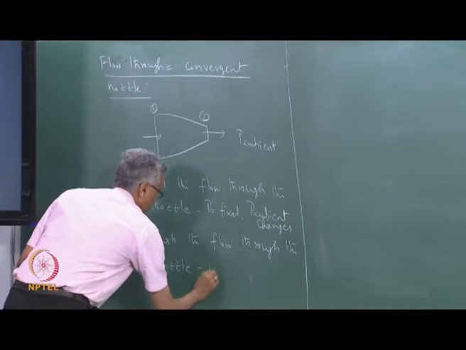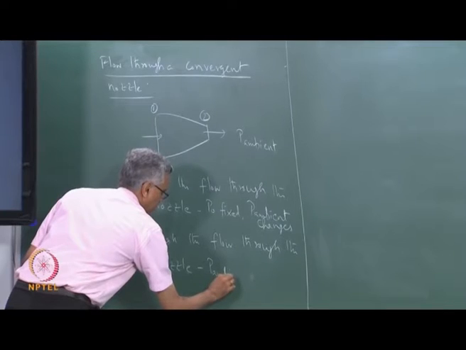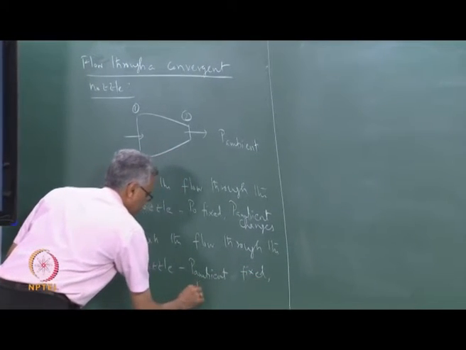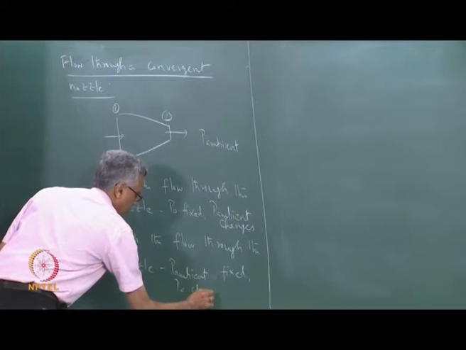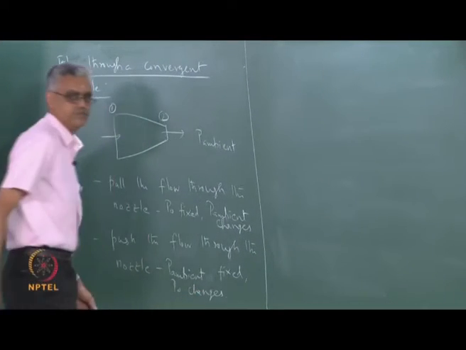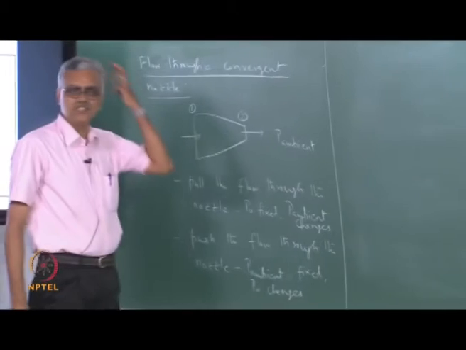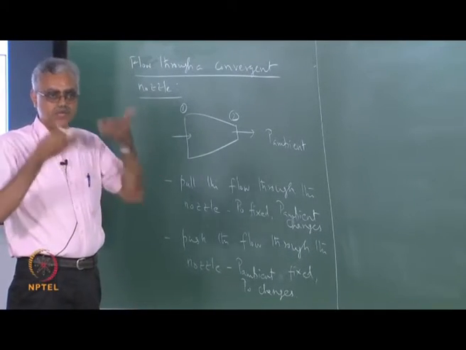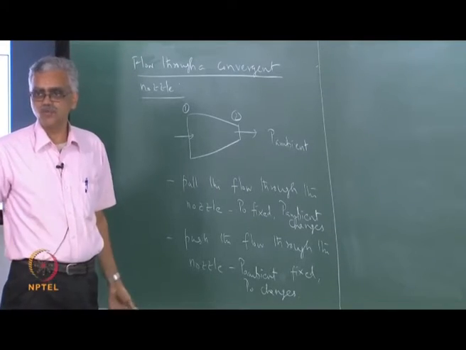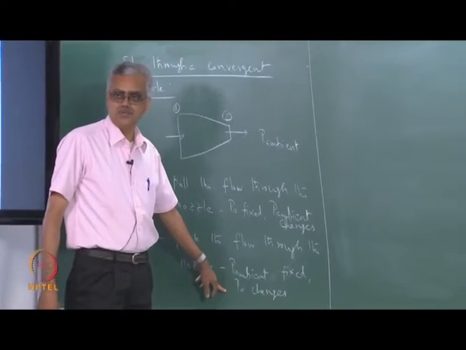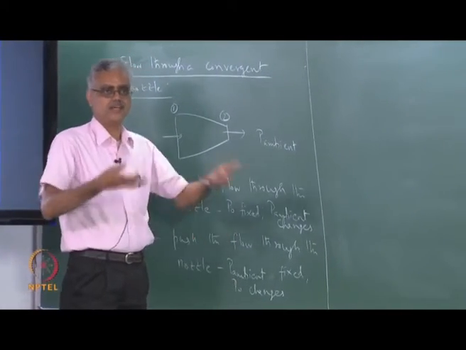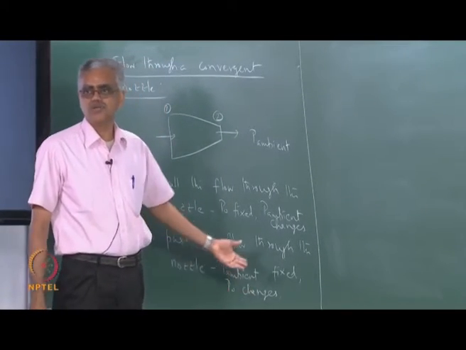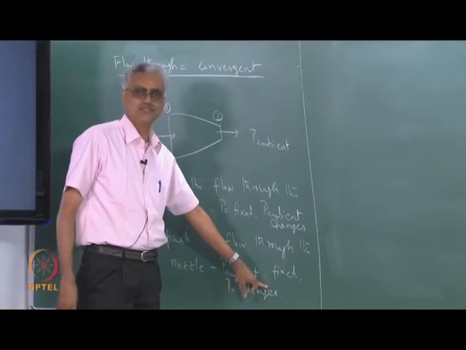Here P ambient is fixed, P0 changes. We do not really look at situations where T0 changes, that is tantamount to reducing T0. That is not something that we would want to do. Increasing P0 is not a problem. We run a compressor, we can get higher and higher P0. So that is what we are going to look at: P0 increases, P ambient remains fixed.